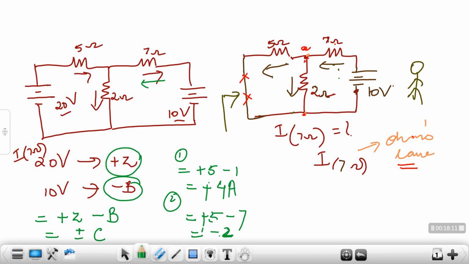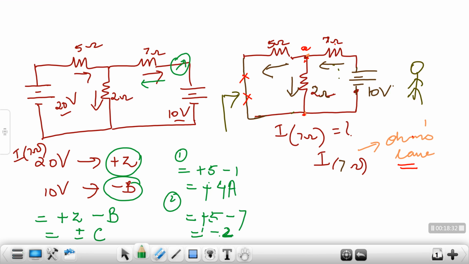So if I connect an ammeter over here, connect both the sources and measure the value of current, that value of current should match with these values. What I am actually doing in this circuit is using the superposition theorem.